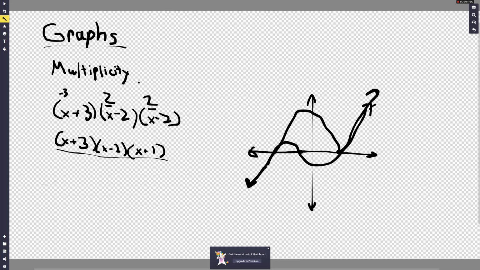With normal multiplicity, which is just 1, there's a sign switch: positive to negative or negative to positive. With 2, it goes from positive to positive or negative to negative, so there's no sign switch.